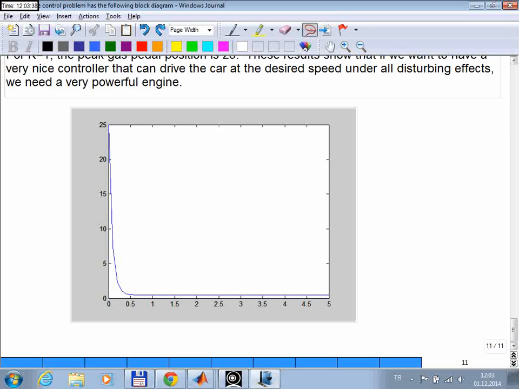Walking is really a very difficult process, and a baby who is trying to take his first steps struggles a lot, because it's not easy to balance your body. And while doing that, we actually use closed control. We get feedback from our feet. So how we stand, we get information from our feet, and we balance our body accordingly. And while walking, we get feedback from our eyes to check the road ahead.